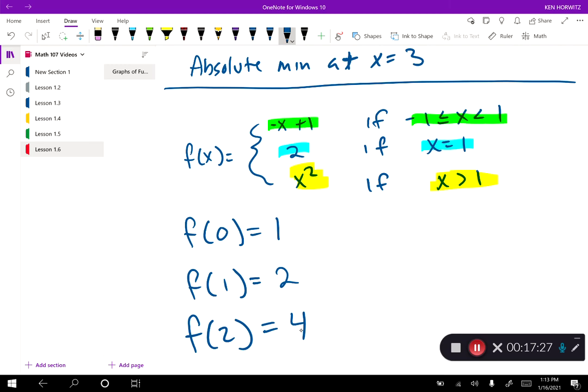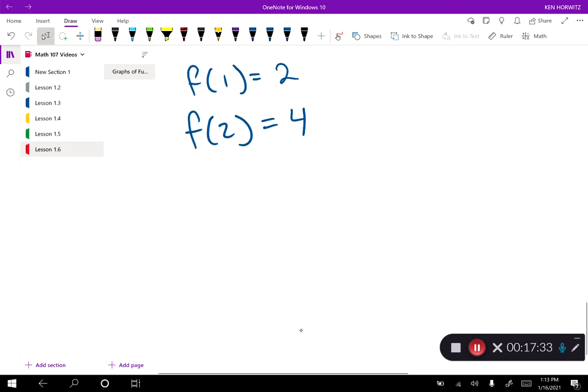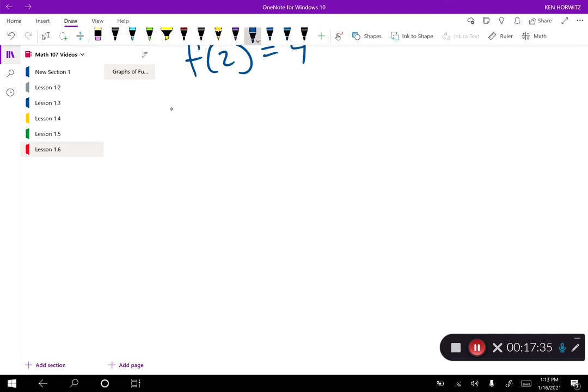All right. Now, the second question I have with this is we need to graph the function. So I'm going to scroll up. B is graph the function.